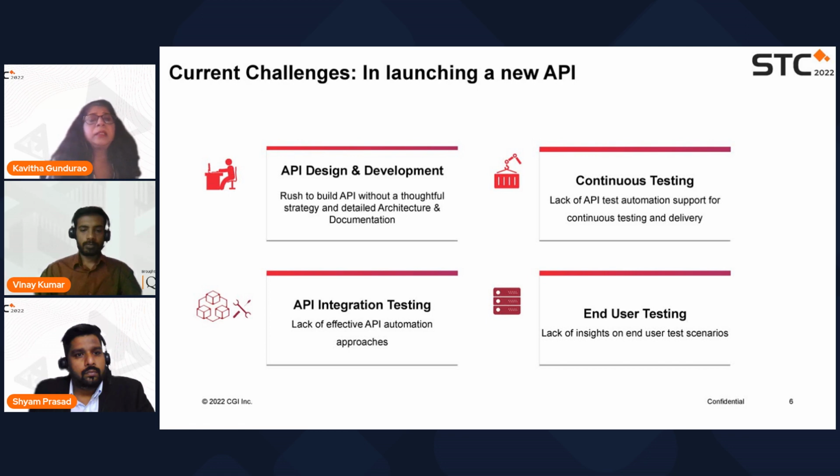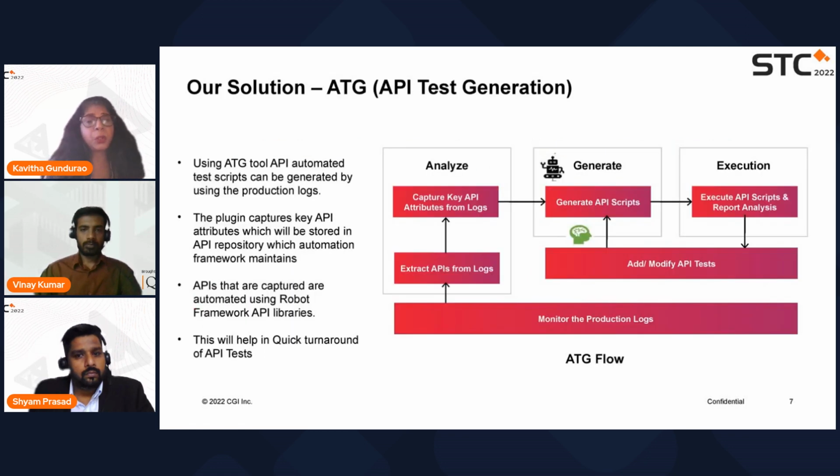So that is what brought us to thinking of coming up with a solution called ATG. ATG stands for API Test Generation Solution. What we started gathering is the production logs. As I already mentioned, we come from a product division, and we have more than 70 products, or IPs, which is what we call intellectual properties, already deployed at the client base.